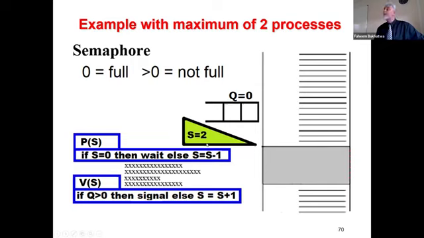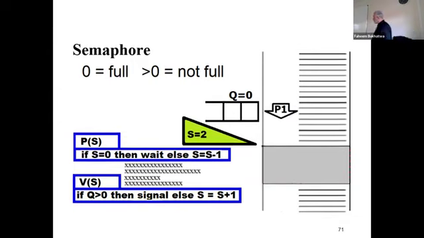When there's nobody, we have a number. If we have a 0, that means we are busy. The opposite of the previous one. This is the major difference between them. Just think of semaphores like a hotel. If you see the keys, that means we have plenty of rooms. If you see no keys, 0 keys, that means all the rooms are gone. And you have to wait. So now, first process comes in. So this is what we need to write the code.